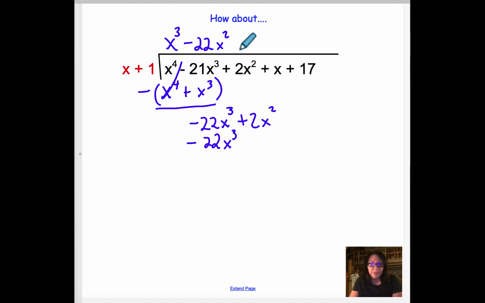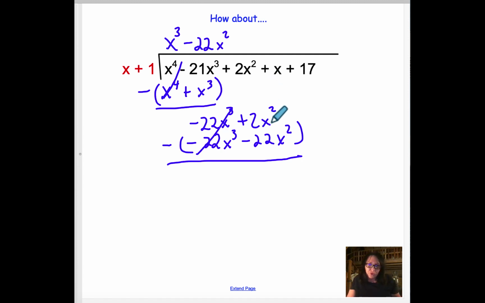And then negative 22 x squared times 1 is also negative 22 x squared. So now we're going to subtract this quantity, okay, and then minus negative minus is plus, so that cancels. So now I have 2 minus negative. So 2 minus negative is plus. So that makes 24 x squared.